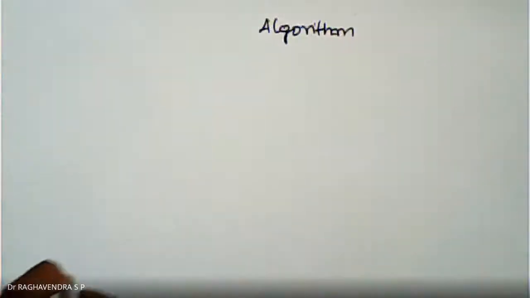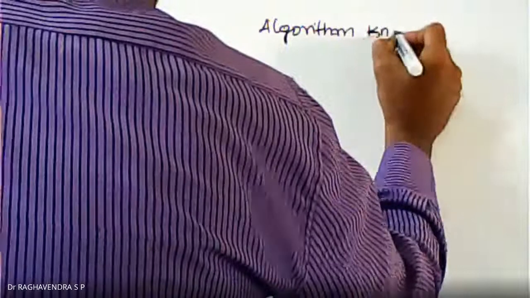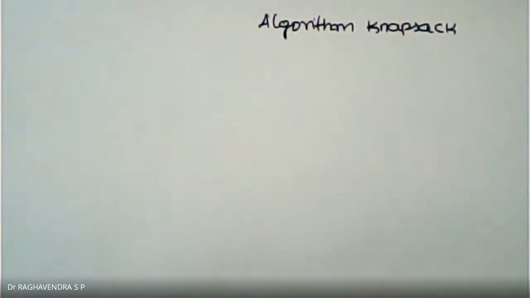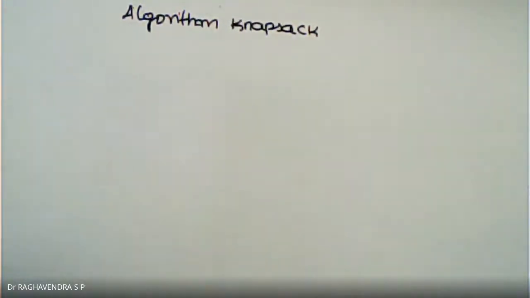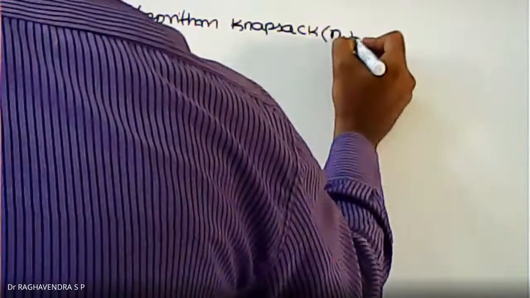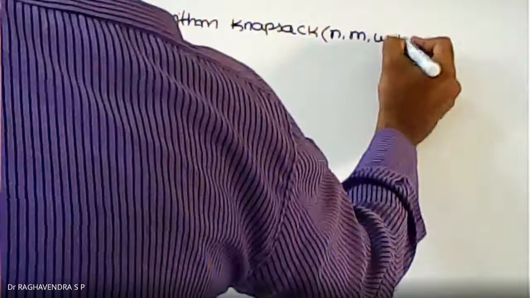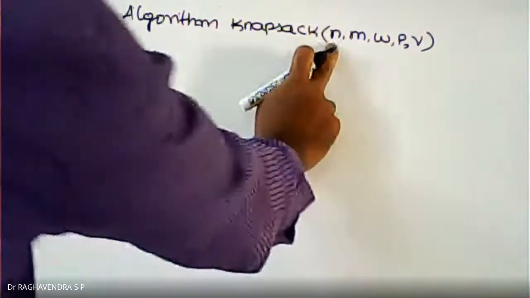Algorithm Knapsack N, M, W, P. N means number of objects.